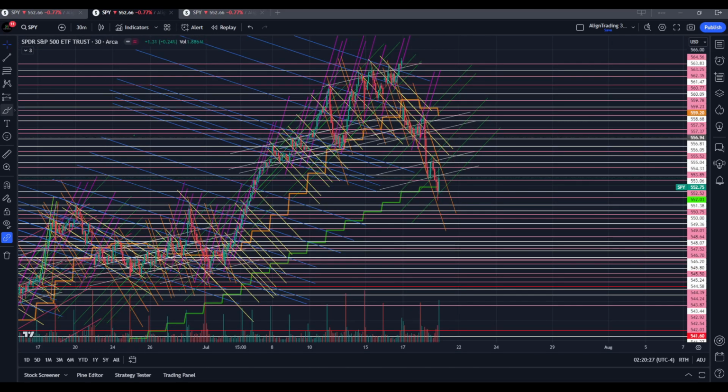If I zoom out, you can also see we have this larger head and shoulder right here, as well as this inverse cup and handle we explained at this 5-day moving average.